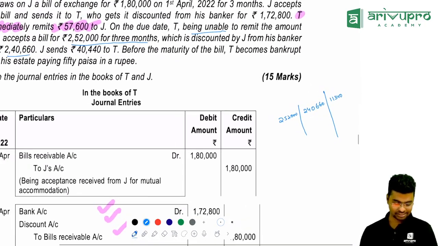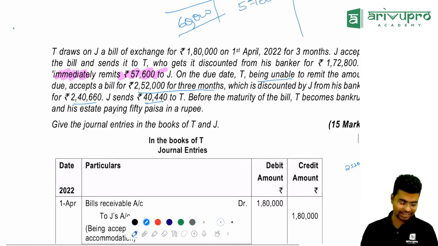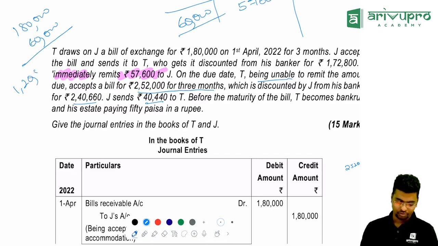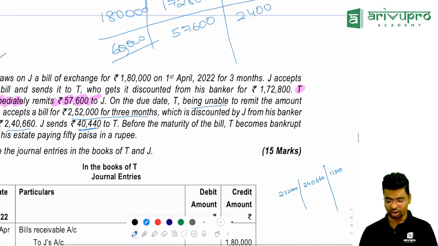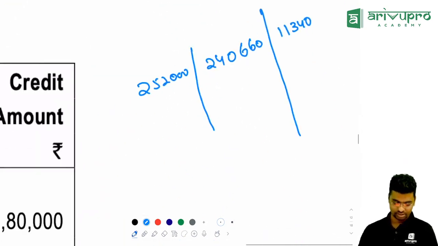J sends 4,440. So first 1,80,000, how much did you transfer to him? So still you have to get how much? 1,20,000. For this 1,20,000, what you will add? 40,440. So 1,60,000. Do a cross multiplication.